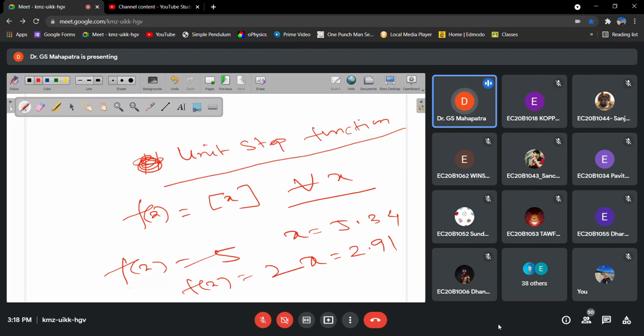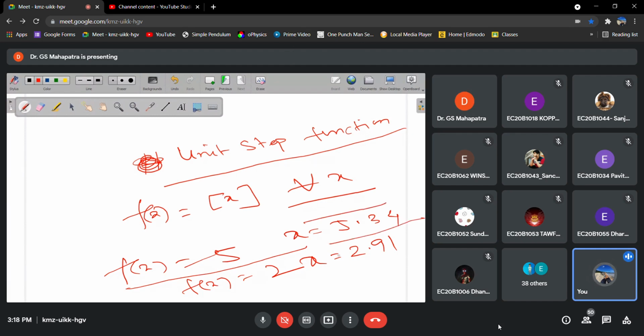But your friend actually having some doubt, if it is near to 3, why you are taking 2, correct? Correct. 2, okay. Understood.